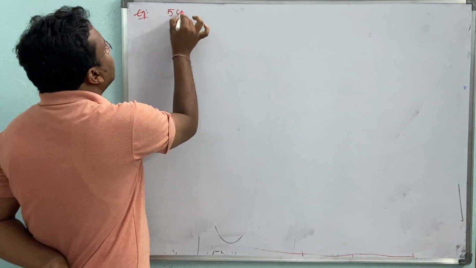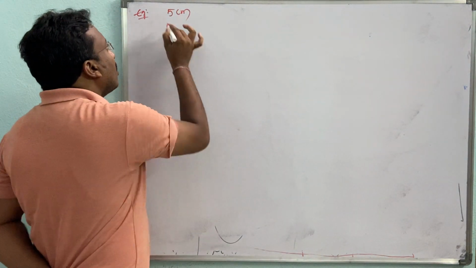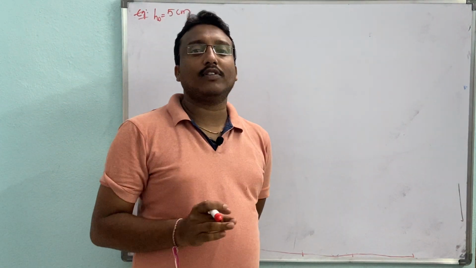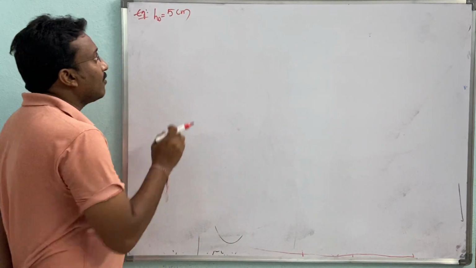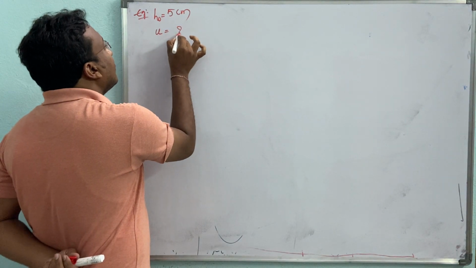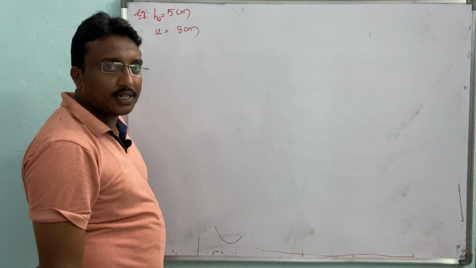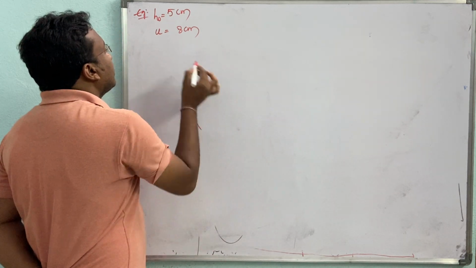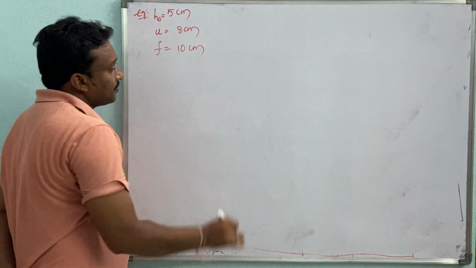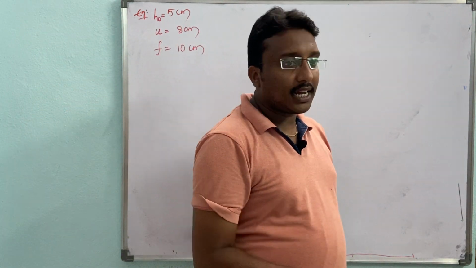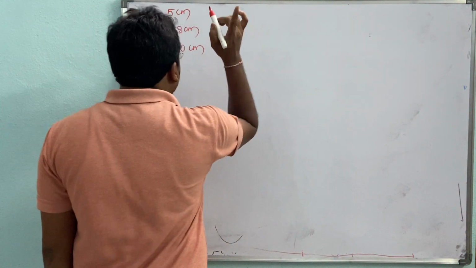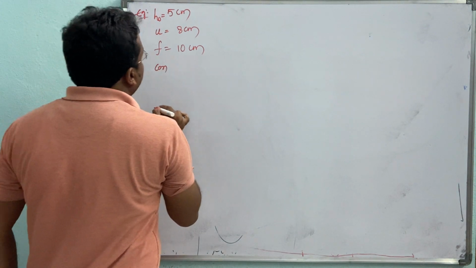I have kept a 5 centimeters height object in front of the lens, with object distance given as 8 centimeters, and the focal length of the given lens is 10 centimeters. 5 centimeters height of the object is kept in front of the convex lens. First we have to know what type of lens this is.